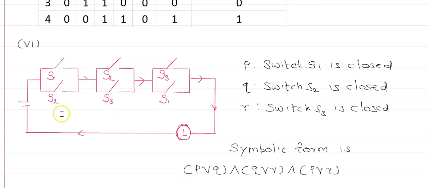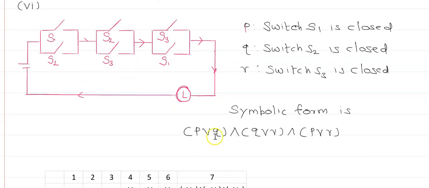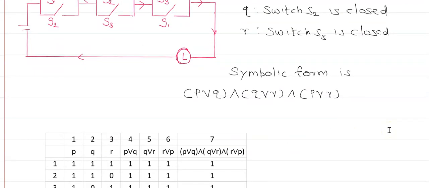There is P or Q, and Q or R, and R or P. Now in this case, P, Q, P or Q, and Q or R, and P or R. Now what is it? The AND between these two, these all three. Therefore, we will write here.